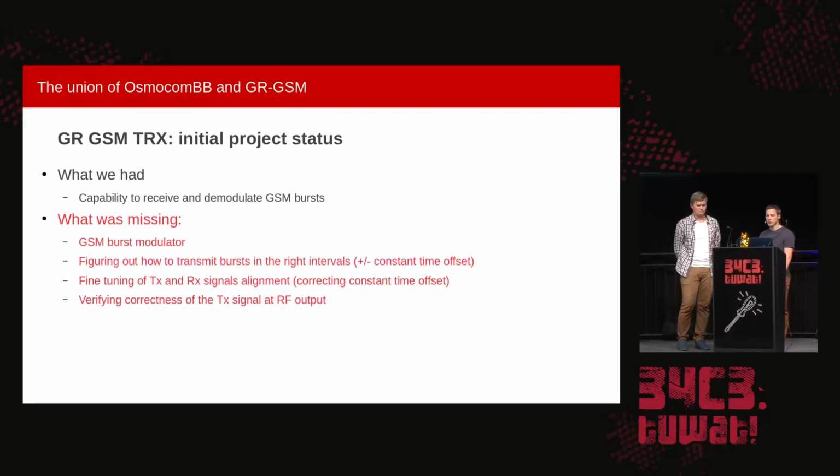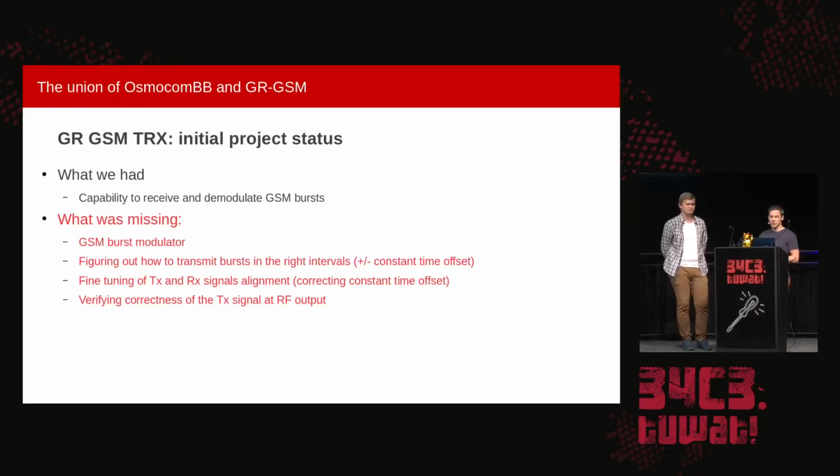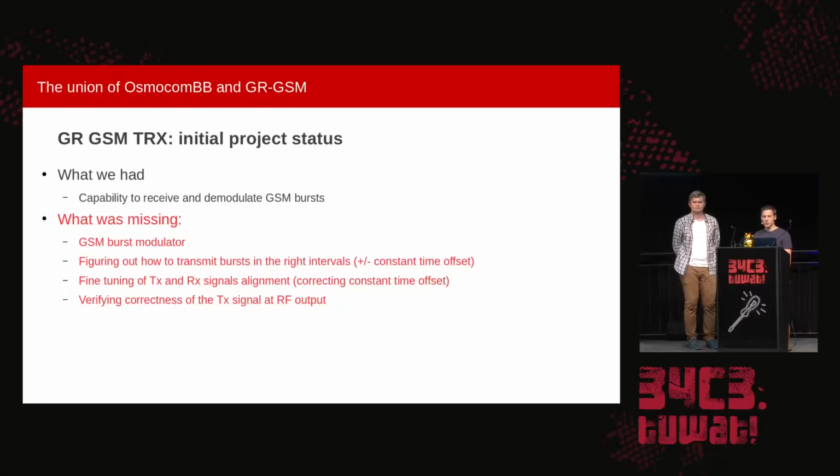So what was the initial project status? We had the whole receiver, but what was missing was, of course, the whole transceiver chain. What was to be done was to implement a GSM burst modulator, then figure out how to synchronize the transmitted signal coming out from this modulator with the signal received from the base station, and then we had some constant time offset that needed to be corrected.